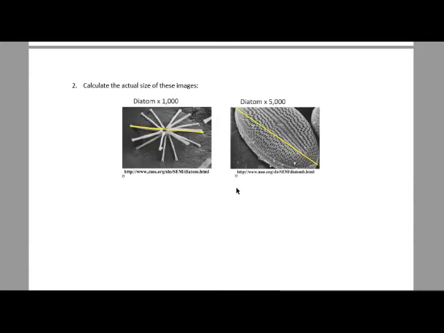The second exercise, you were given a picture, an electron micrograph of cells, and you're also given the magnification. They ask you to calculate the actual size of the cell. What do we have to do, guys, in this exercise?